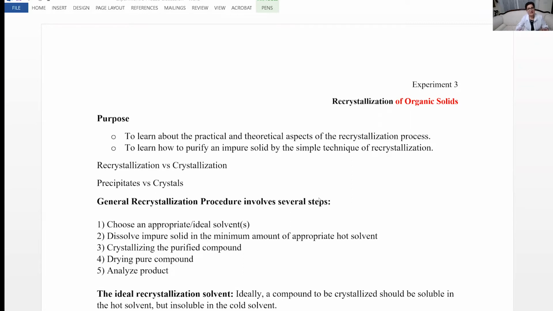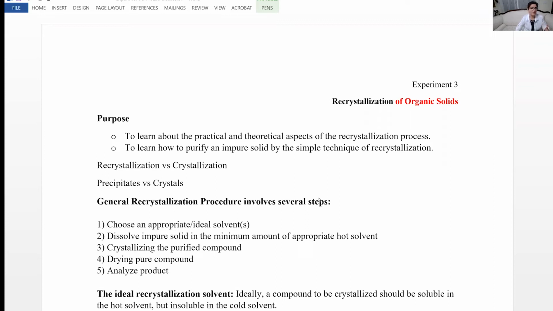Another term is precipitate versus crystals. Precipitation is like when it says precipitation, like rain, snow is pouring. It's a formation of solid, but it happens so fast that molecules are not selective. They're not going to organize into a proper shape.